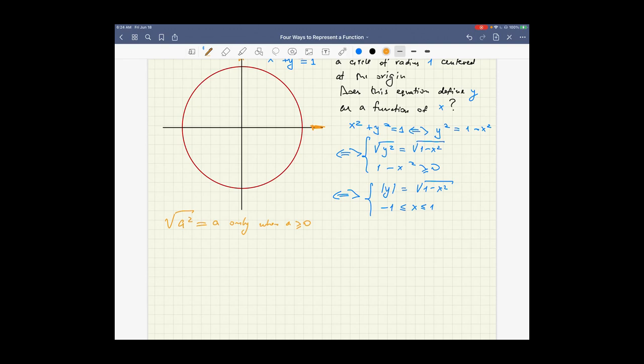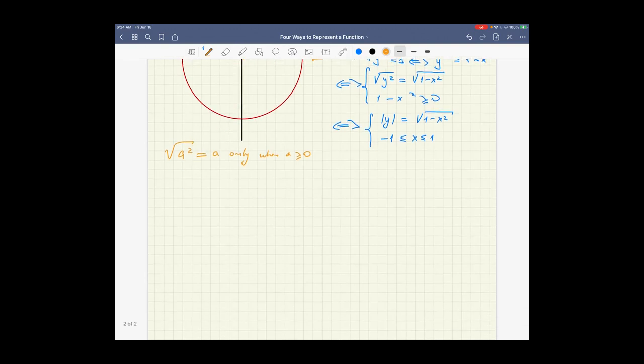If you want to write an equation for any real a, not necessarily positive or non-negative, you can't write that root of a squared equals a, because if a is negative, this becomes nonsense.